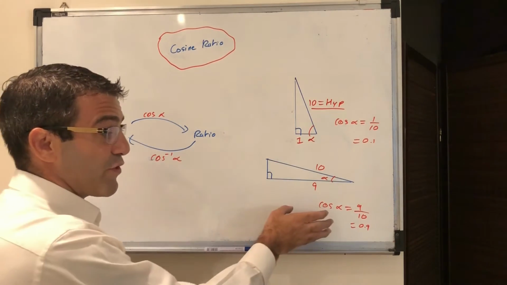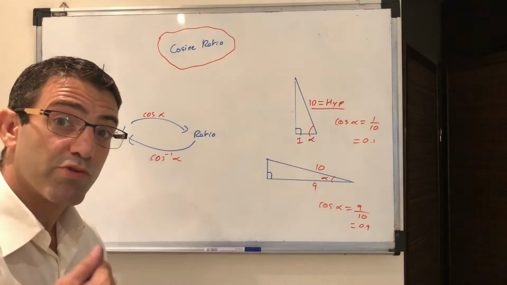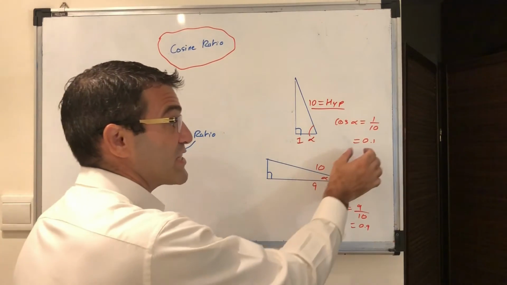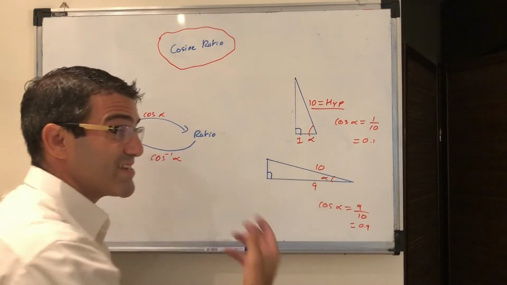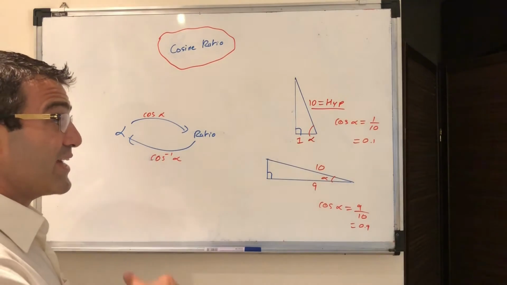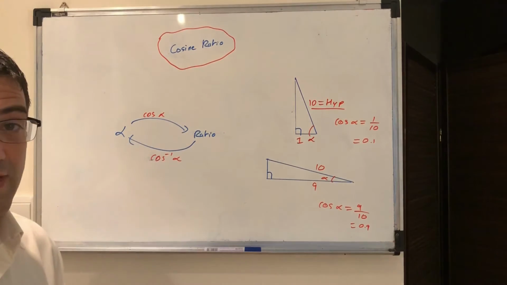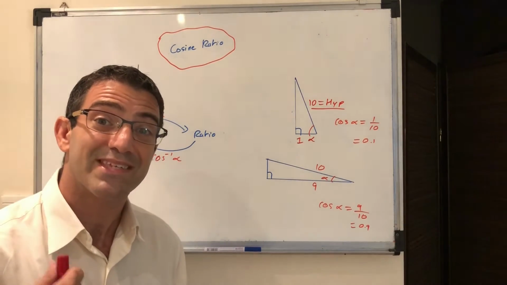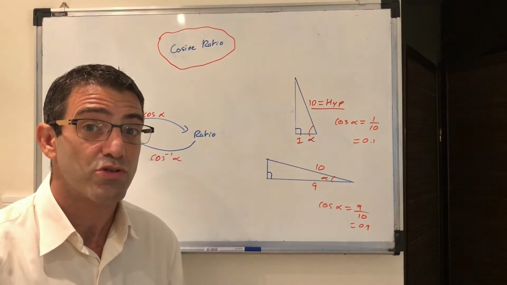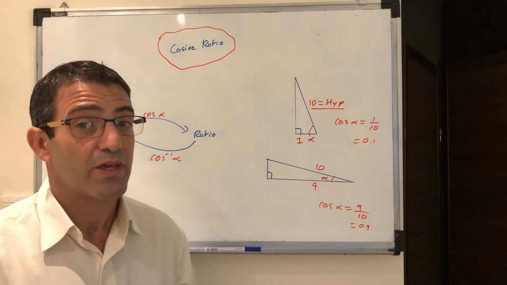So whenever you get a very big cosine, which is close to 1, the angle should be really small. But whenever you get a really small cosine, which is close to 0, so cosine is going to fluctuate between 0 and 1, then the angle should be really big. And that makes a lot of sense. So think about cosine as a percentage of the adjacent side against the hypotenuse. And then that will make your life a lot easier.